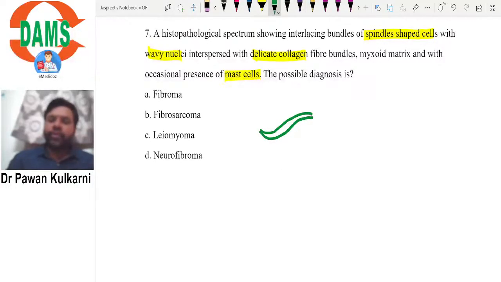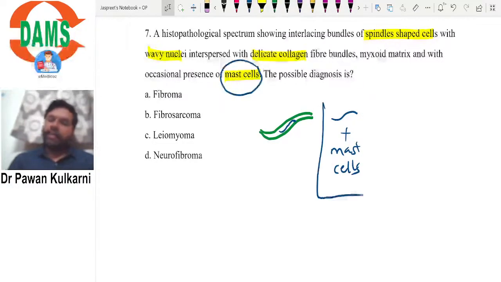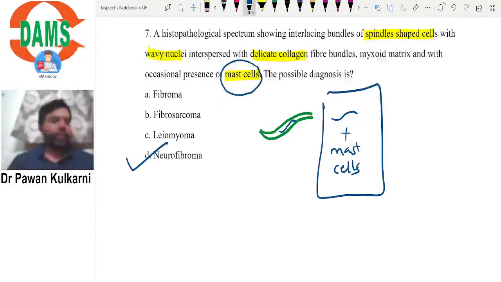The nuclei that you see here are wavy nuclei, and the cells have basic, and this particular lesion has got numerous mast cells. Whenever you see mast cells plus wavy nuclei, combination of these two, always remember it is neurofibroma.